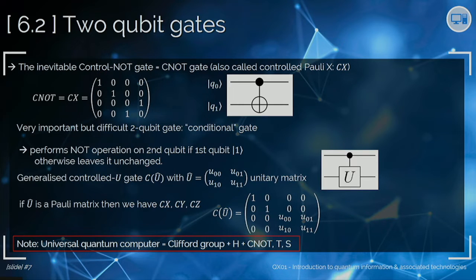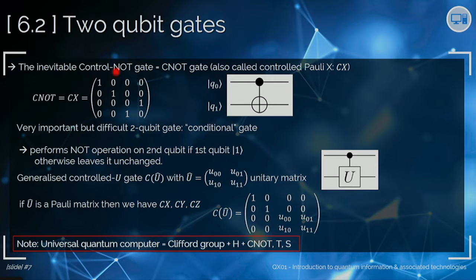We can have a more generalized CNOT gate. It's called the controlled U gate, which is something like this. It's also a 4x4 matrix, but here you have a U matrix with 4 coefficients that can be anything as long as this 2x2 submatrix is unitary.